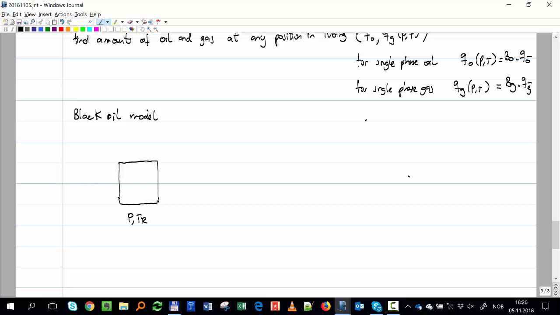We fix temperature to avoid having too many variables. Initially it is full with just oil, so this will be P above the bubble point, at reservoir pressure.